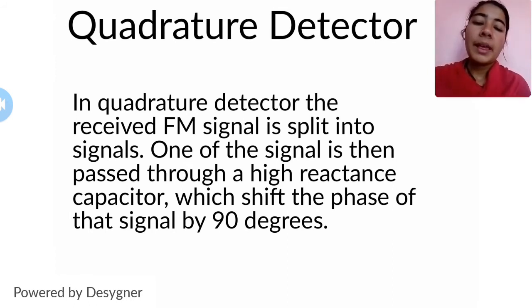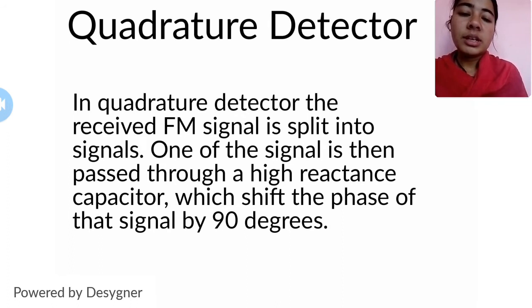Quadrature detector. In the quadrature detector, the received FM signal is split into two signals. One of the two signals is then passed through a high reactance capacitor, which shifts the phase of the signal by 90 degrees.